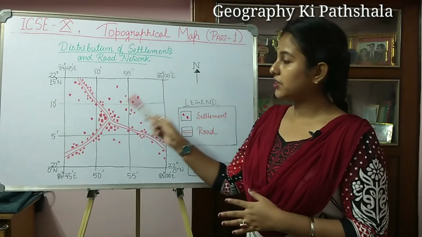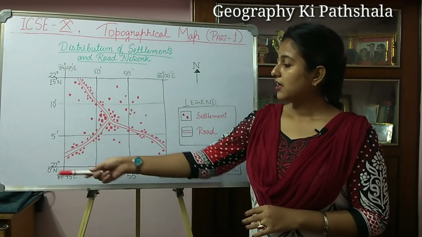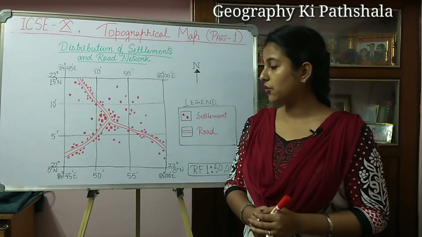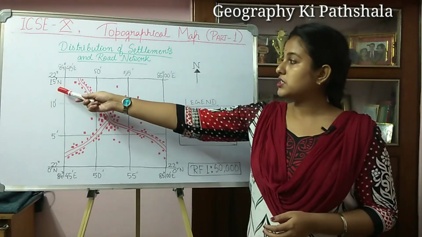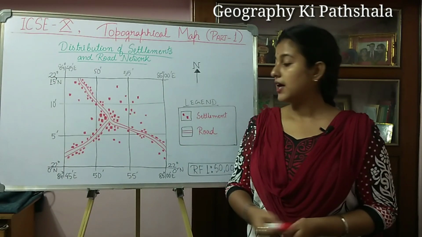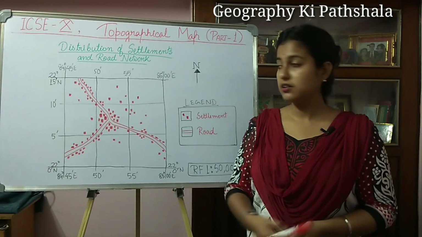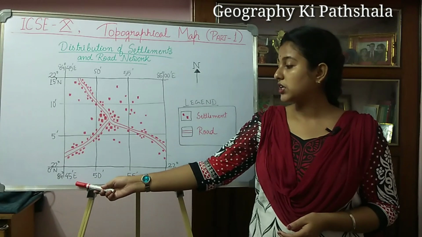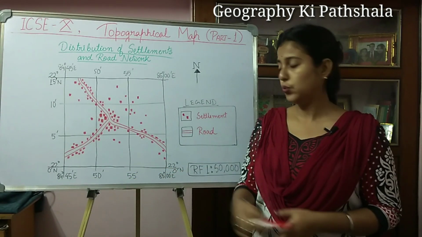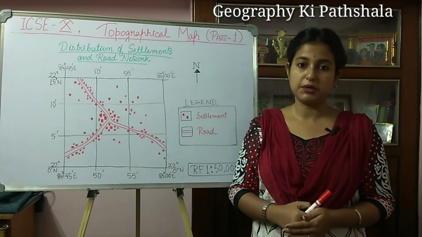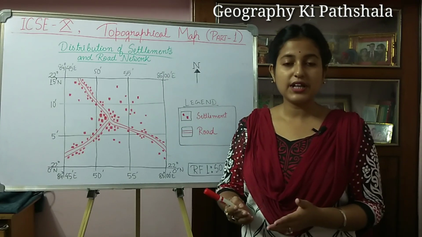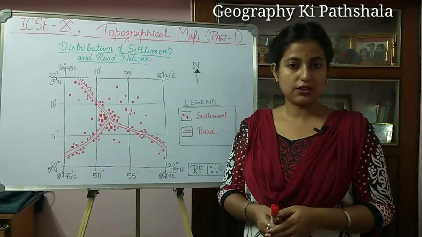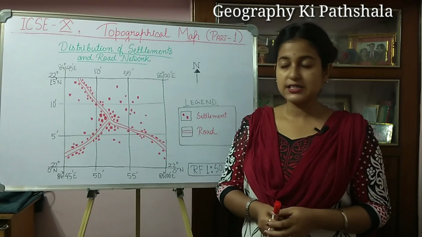And here if you see the grid system, then the latitudinal extension is from 22 degree 0 minute north to 22 degree 15 minutes north, and the longitudinal extension, which is this vertical line, is 84 degree 45 minutes east to 85 degree 00 minutes east. And as you know, the latitudes are representing the northings and the longitudes are representing the eastings.